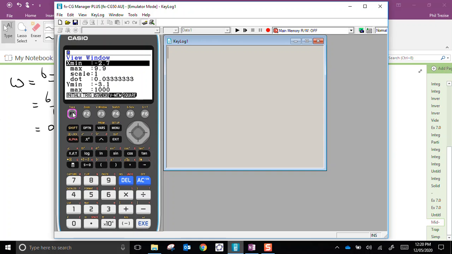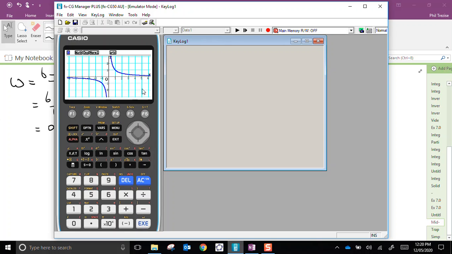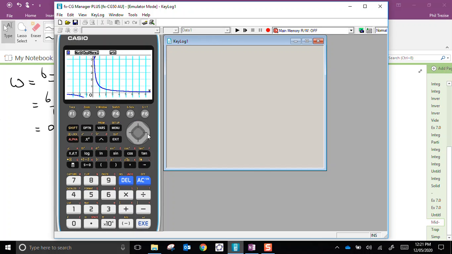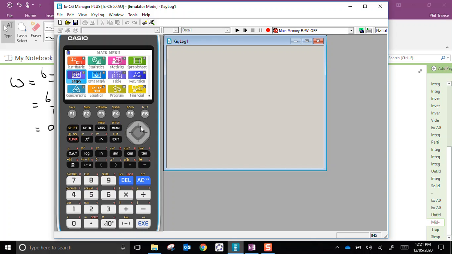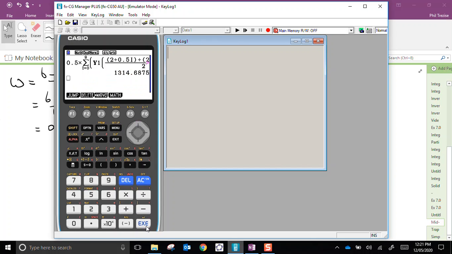Let's go back to the normal sized window for a minute. There it is. So that looks a little bit like my graph from x equals 1 to 6. This is the area we're dealing with here. That's better. So this is the bit that I'm looking for. Now let's pop back to the normal calculator screen.